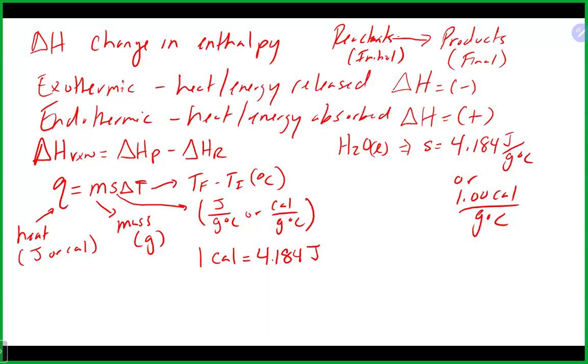So the relationship between exothermic and endothermic for Q works the same way. Q is negative for exothermic, and Q is positive for an endothermic process. So you can look at Q or delta H, and the sign of it will let you know whether it's endothermic or exothermic.